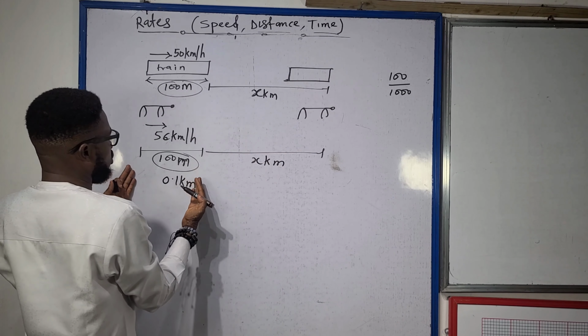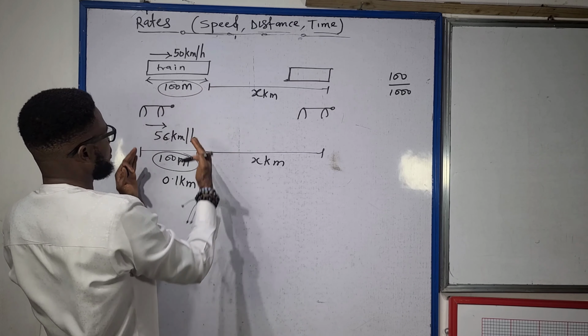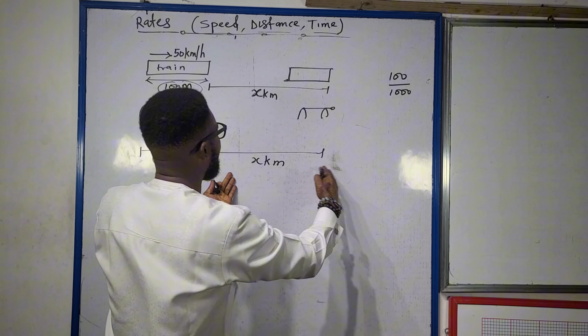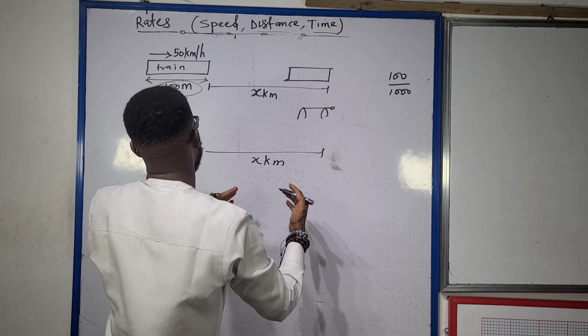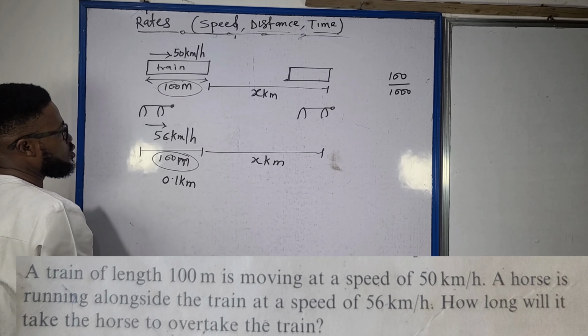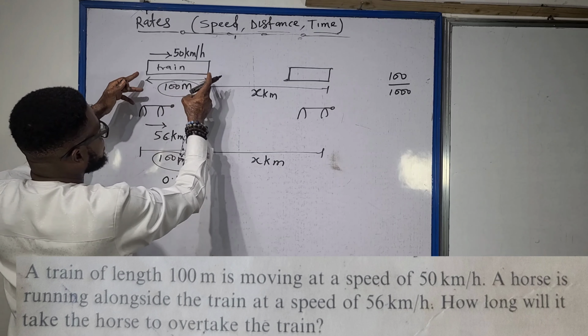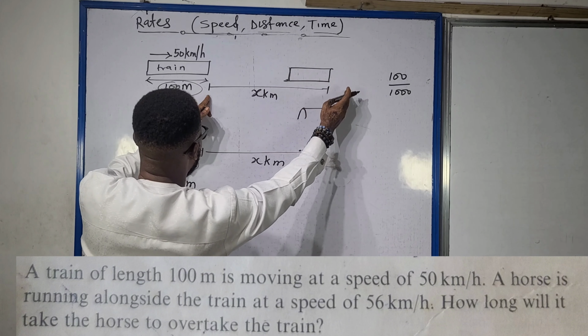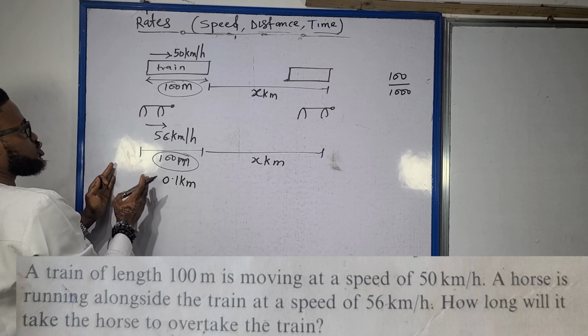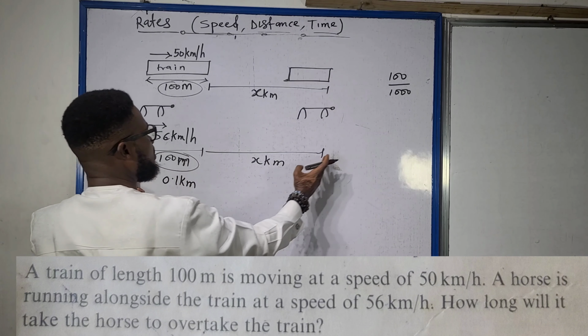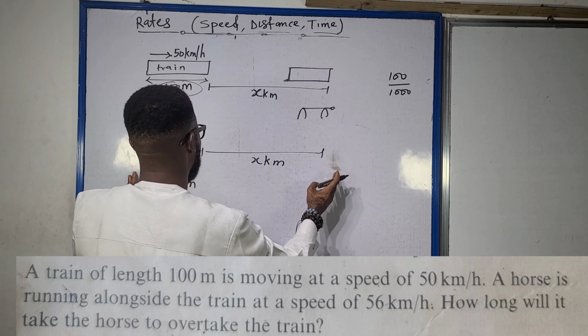In the case of the train, it will basically move the x kilometers. In the case of the horse, it will have to move the length of the train, 0.1 kilometer, plus the x kilometers newly covered by the train. So the timing it will take the train to move x kilometers is the same timing it will take the horse to move 0.1 kilometer plus x kilometers.